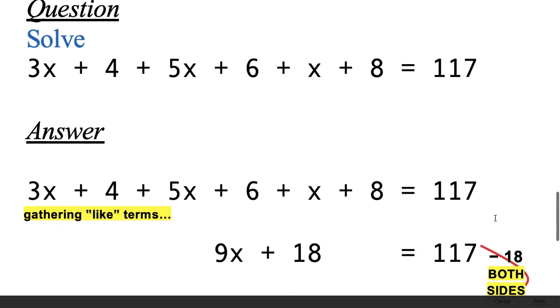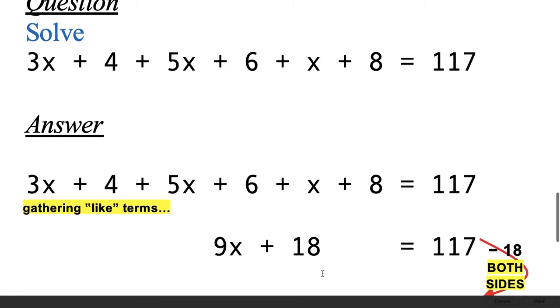So gathering like terms, we've got a 3x, a 5x, and a single x, which is like 1x. So together they make 9x's. 5 plus 3 plus 1. And then the numbers, we've got a 4 plus a 6 plus an 8. So together that makes 18.